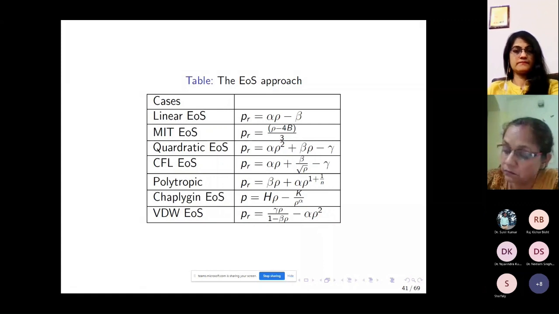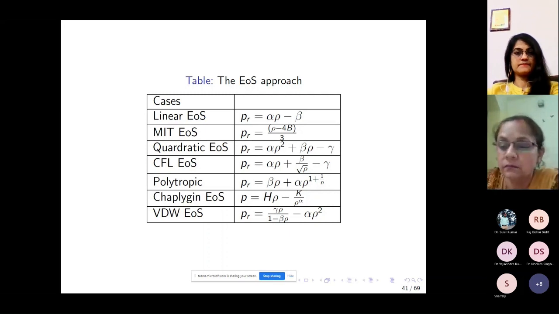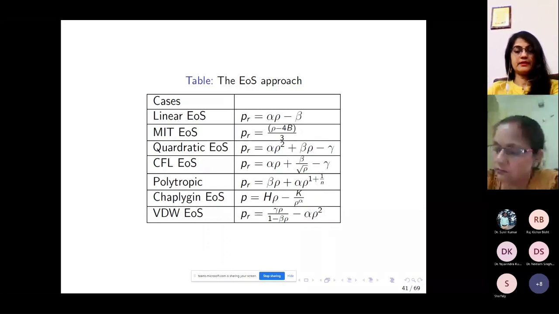The MIT bag model, motivated by the work in quantum chromodynamics, centered on quark confinement and asymptotic freedom, is essentially a linear equation of state. That is, we have considered PR equal to rho minus 4B by 3, where B is the bag constant.